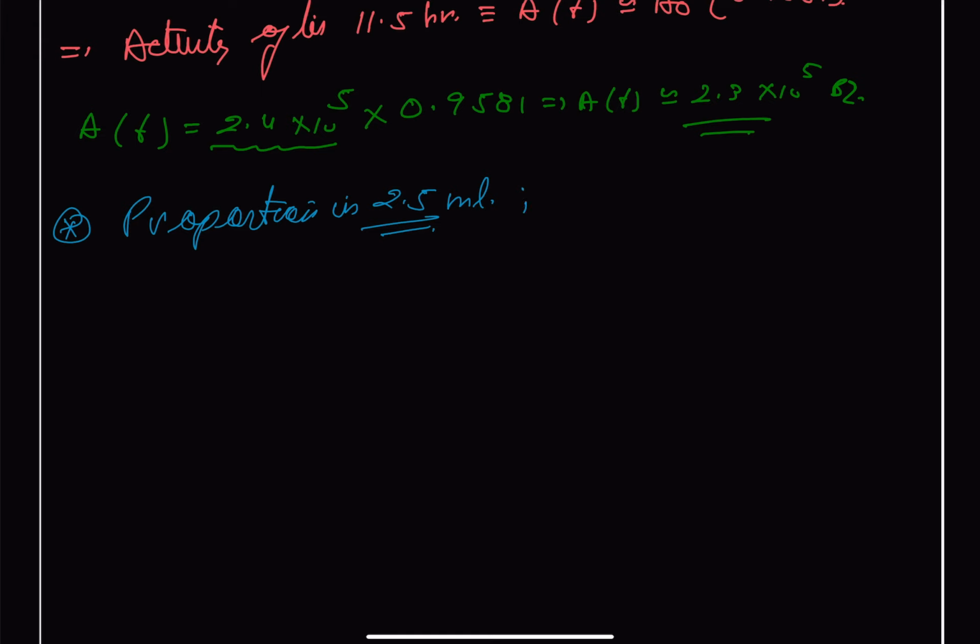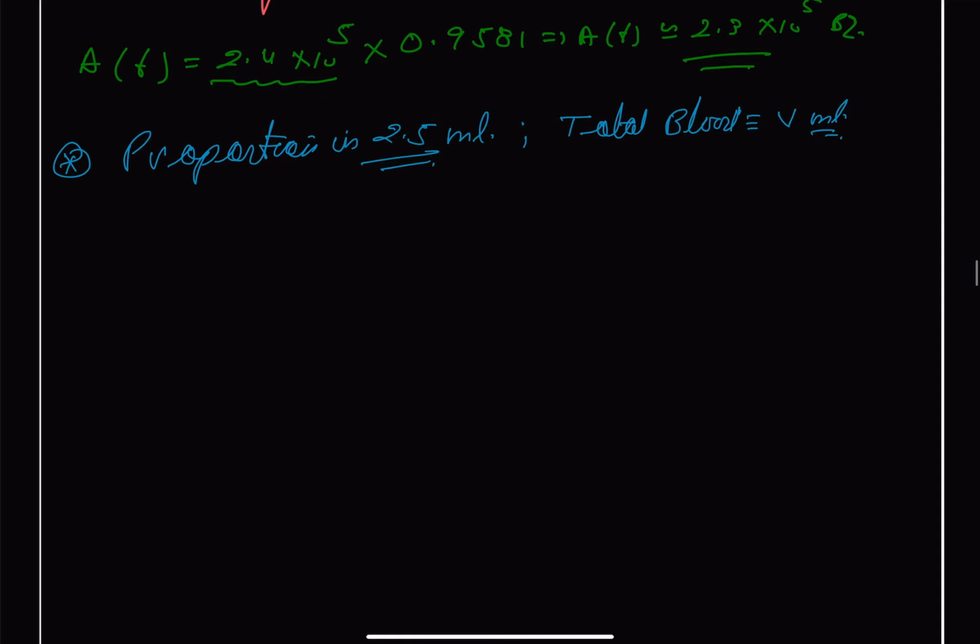So we assume that our total blood is V milliliter. Therefore, 2.5 divided by V multiplied by A of t is equal to 115.